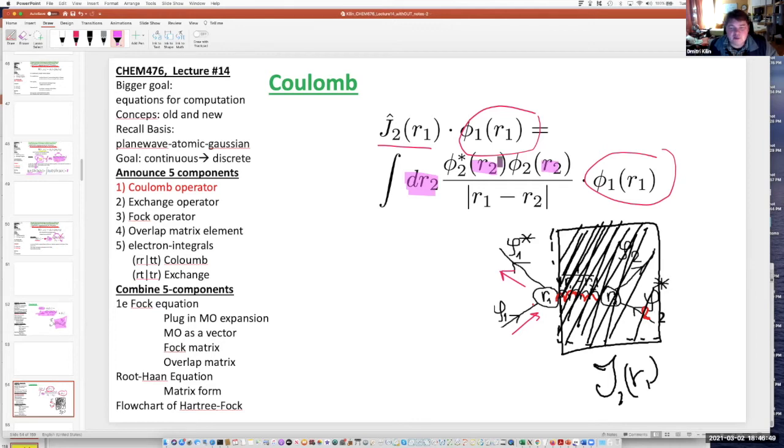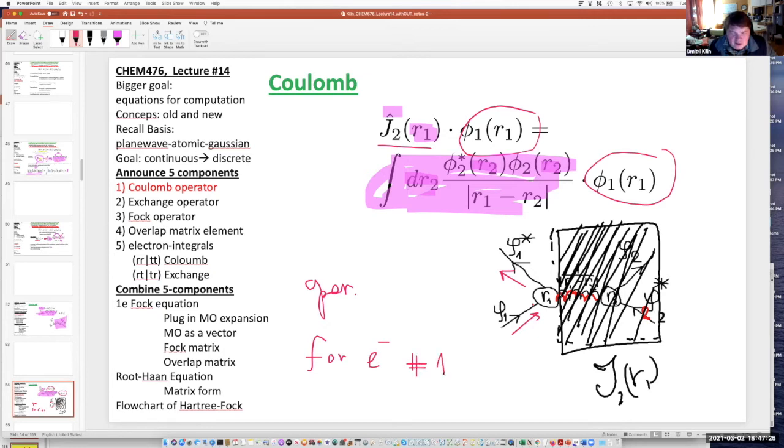If I perform this partial integration, the resulting object will be a number with respect to the second electron, but will still be an operator with respect to electron number 1. So this is an operator for electron number 1.